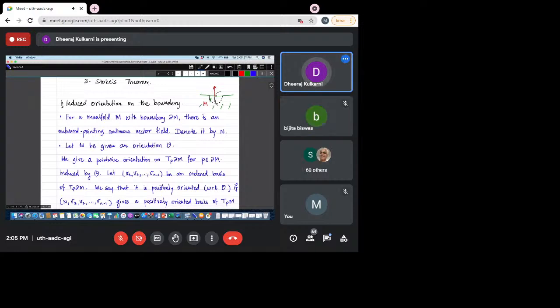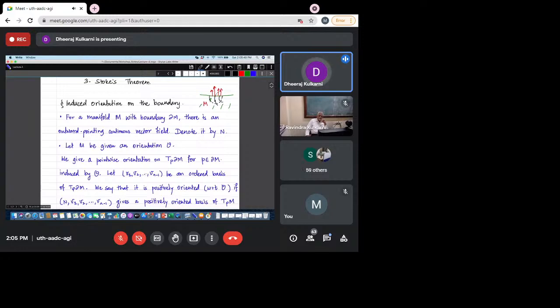Now, once you have the existence of a locally defined outward pointing continuous vector field, you can simply take this from upper half space and map it onto the manifold. So again, we can play the same game.